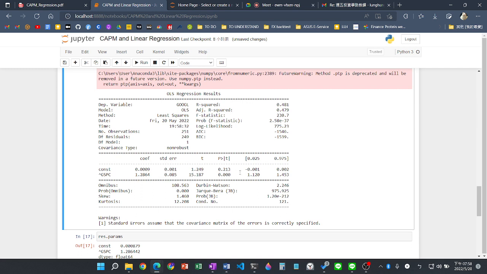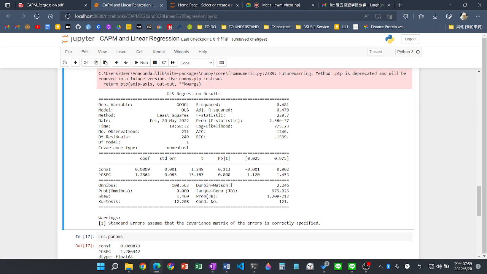Here you can see that the p-value of the index is around 0, right? And it is smaller than, let's say, the 5% significance level. So the result seems quite good.